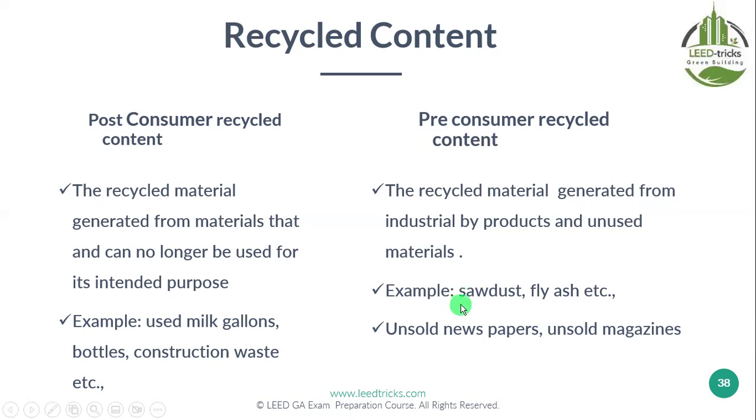So they will take this manufacturing waste, and they make from it MDF wood or something. Okay, so it never went to the end user. But if you drink a milk gallon, it has gone to the end user, and you drink it and you throw it in waste. So this is the difference between pre-consumer and post-consumer, but they are both recycled.